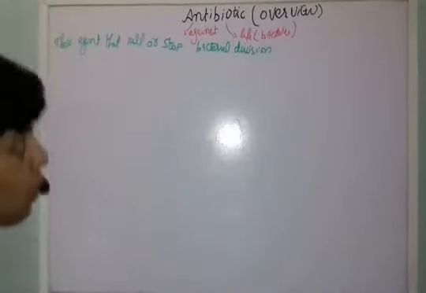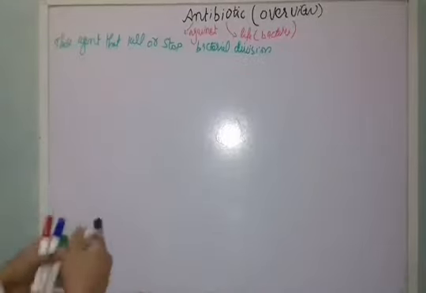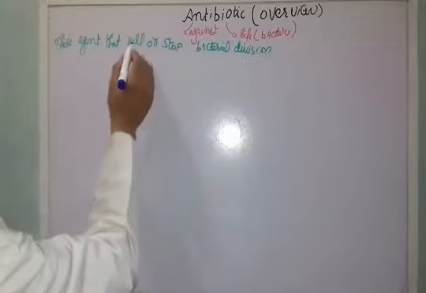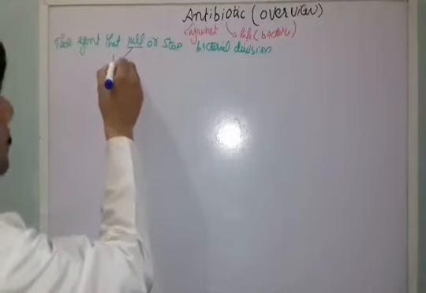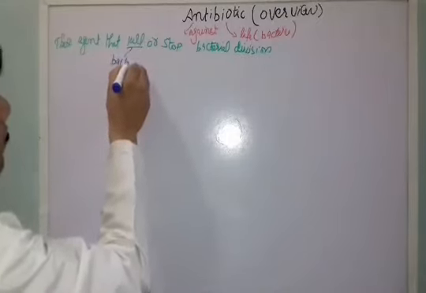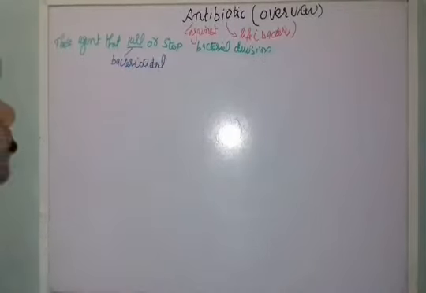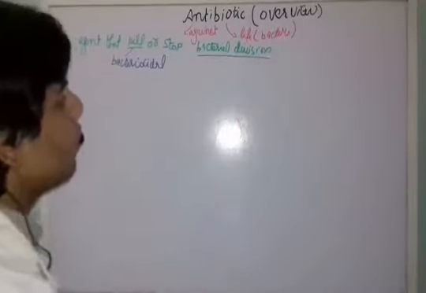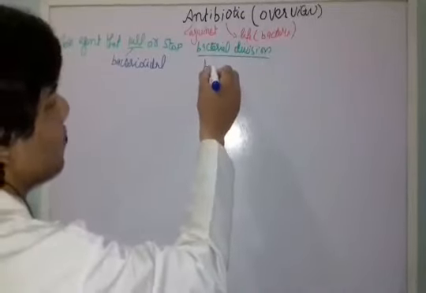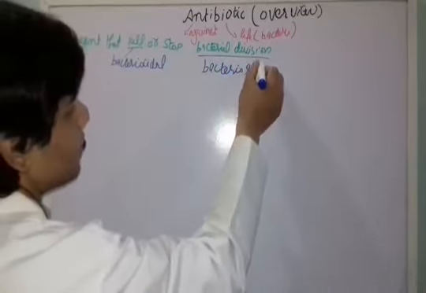When the antibiotic is used to kill the bacteria, we usually call it bactericidal. And when the antibiotic is used to stop the bacterial division, we usually call that bacteriostatic.